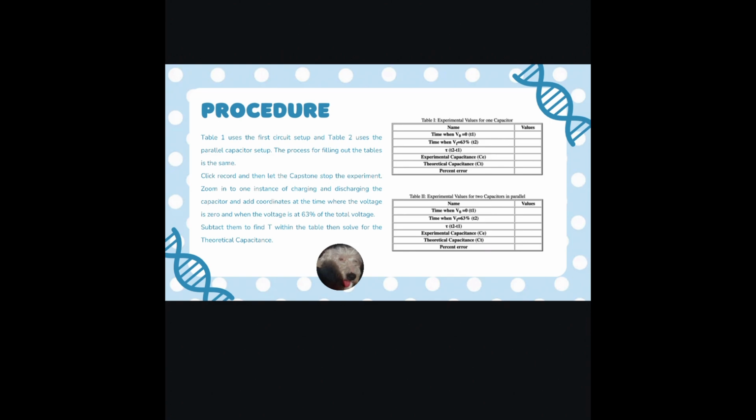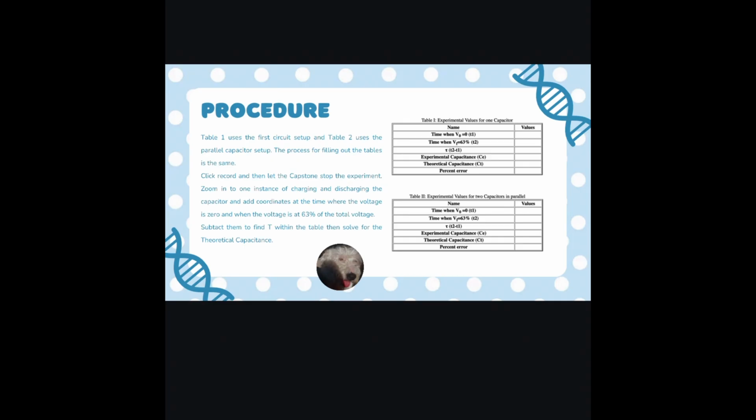As I stated in the previous slide, the procedure for Table 1 and Table 2 are pretty much the same, except they have different setups on the circuit. How this is done is by clicking record on the Capstone software and then letting it stop the experiment.